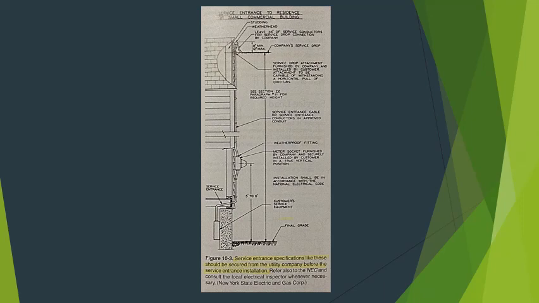Second, the service conductors should be kept as short as practical to minimize voltage drop. Third, the service conductors must enter the building as close as possible to the service panel. And the service disconnect must be at or very near the point of entry.